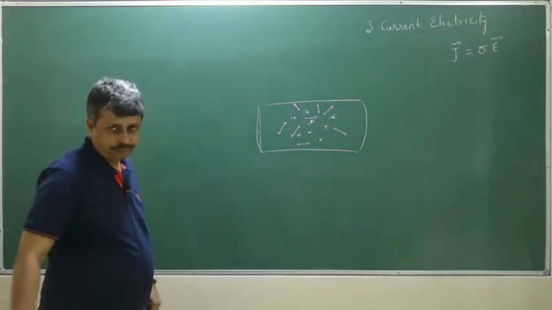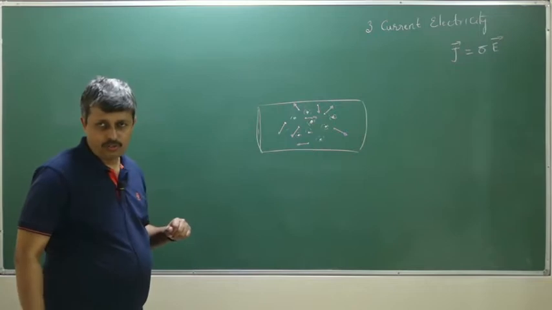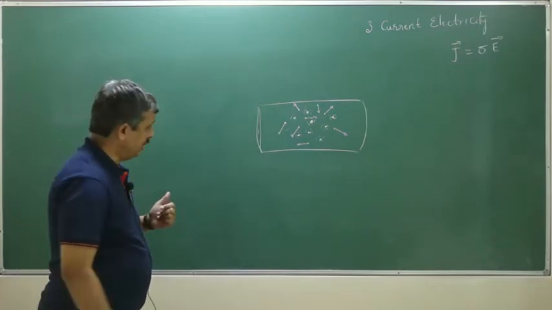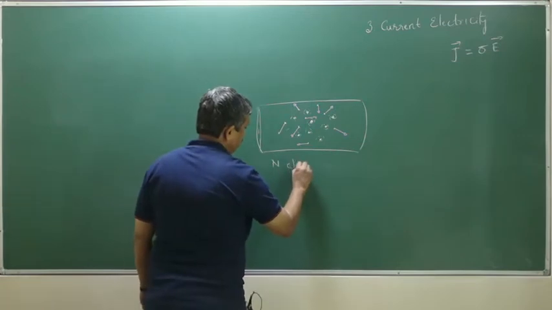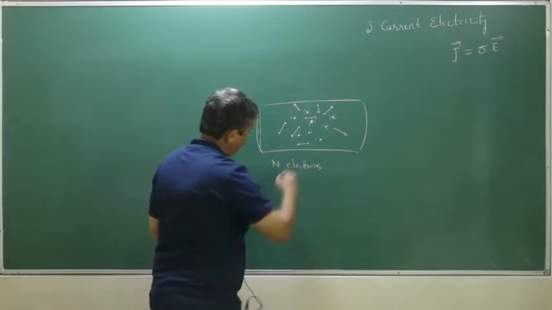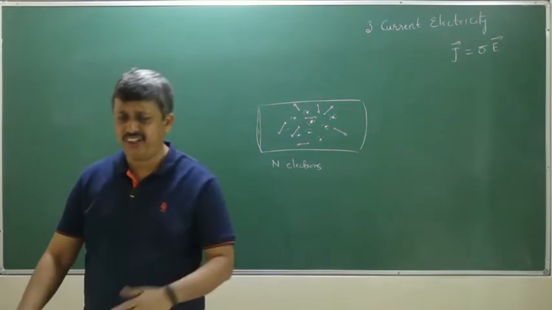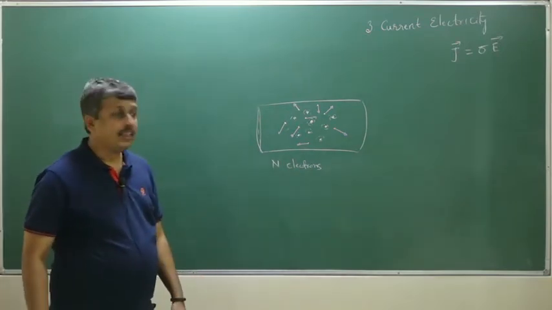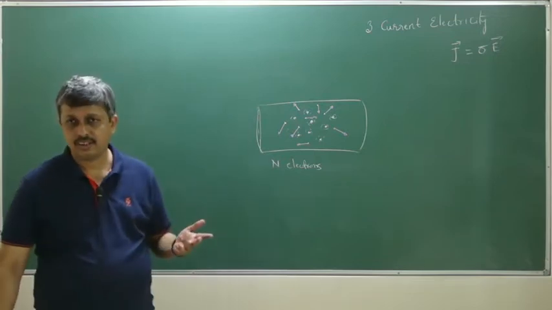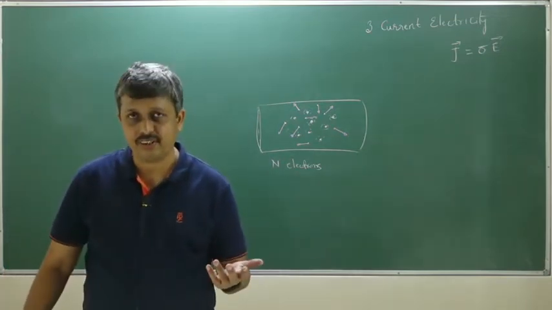Now let's say in this scenario there are n electrons in total, maybe a huge number, 10 to the power of 29, and every electron has a certain velocity, let's say Vi.